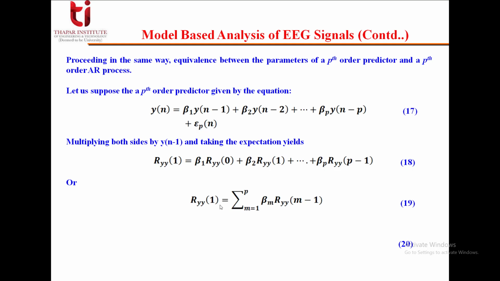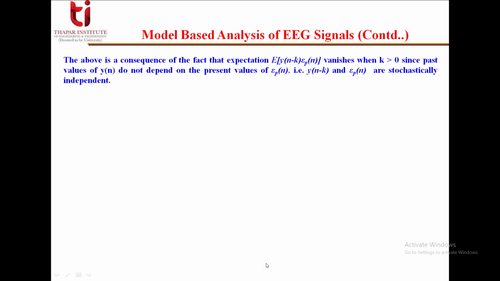We can also write in a compact form that ryy1 is nothing but the summation m equal to 1 to p of beta m ryy m minus 1. In general, we can write ryyk is nothing but the summation m equal to 1 to p of beta m ryy m minus k, for k running from 1 to p.